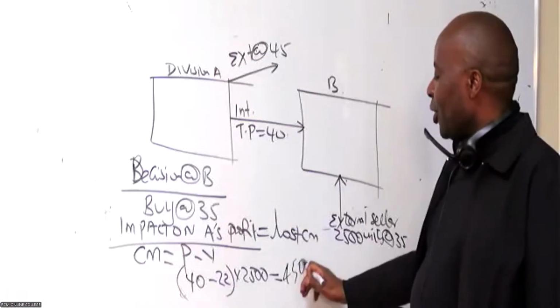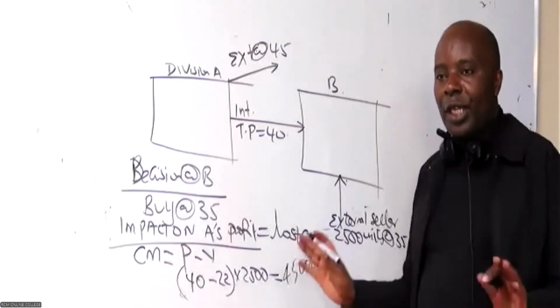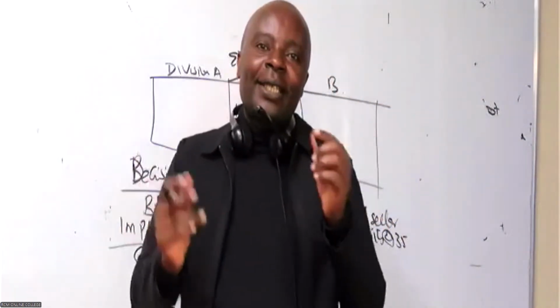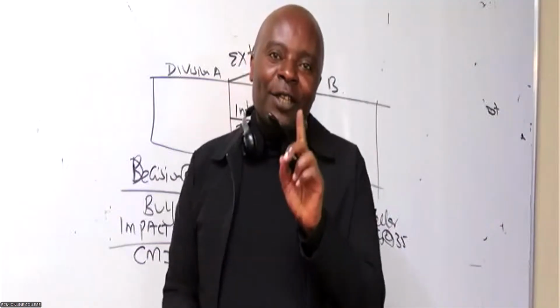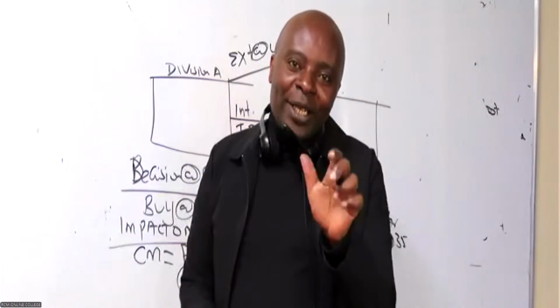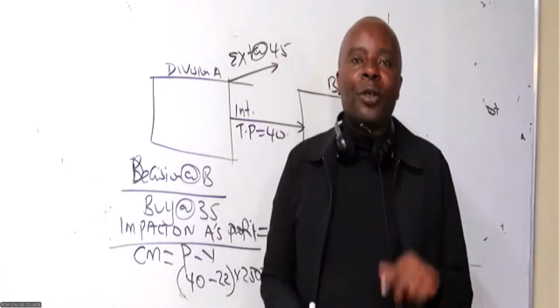That is 45,000. So this 45,000, ladies and gentlemen, is what we shall lose as A. If we sold the 2,500 units to B, the selling price would have been 40 and the variable cost 22, giving a contribution margin times the number of units that we are now not able to sell.